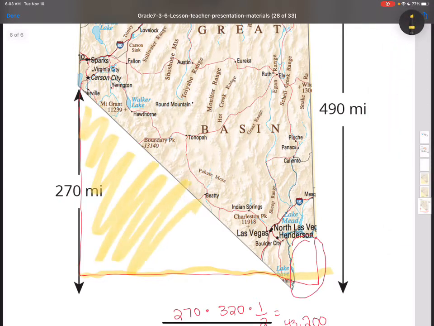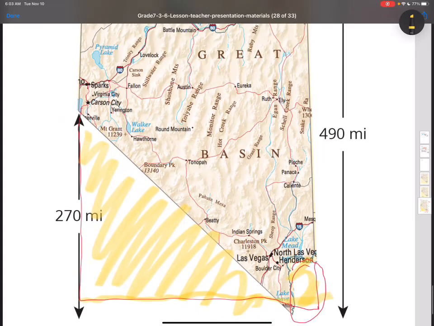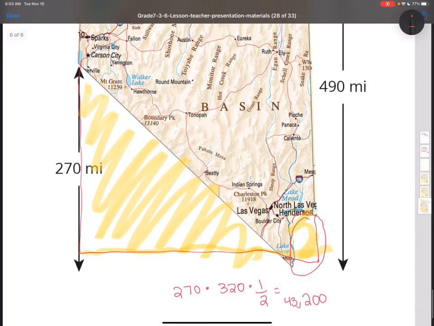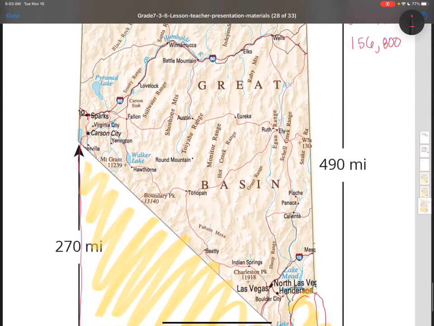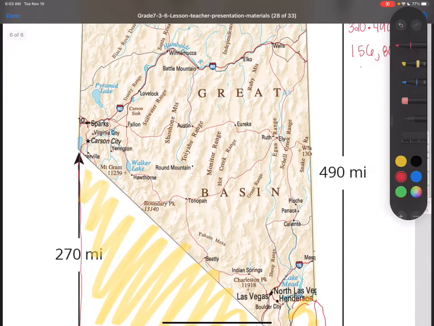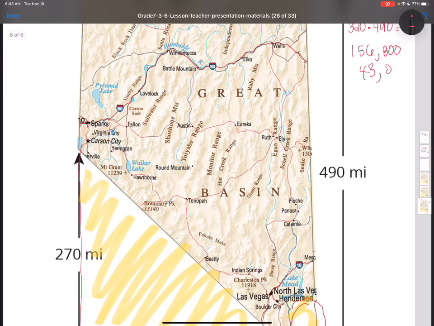Now I want to take both of these values, and since this piece is missing, I'm going to highlight the piece that's missing. I want to subtract that. So I want to subtract 43,200 from 156,800, because remember, it's only an estimate. It's not looking for the exact area.